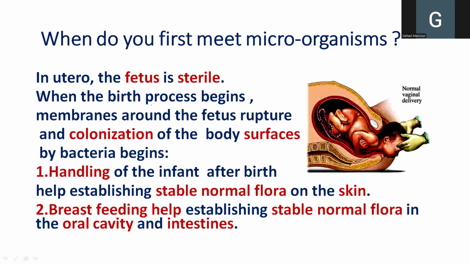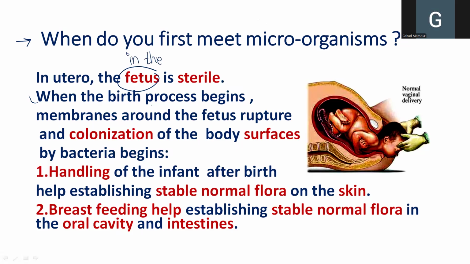This slide is also important because it talks about the timing when you are first inhabited by microorganisms, whether they are friendly flora or pathogenic microorganisms. So at the beginning, you are sterile inside the uterus. The fetus is in the uterus of the mom.